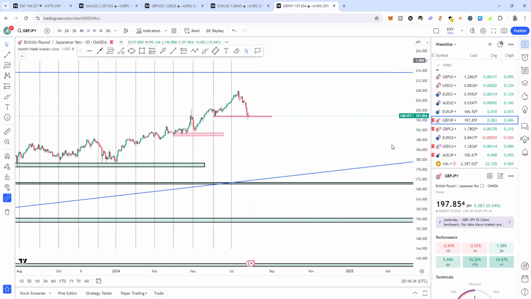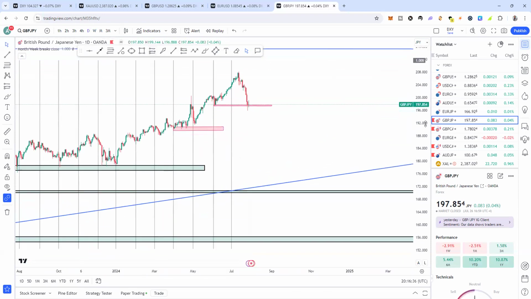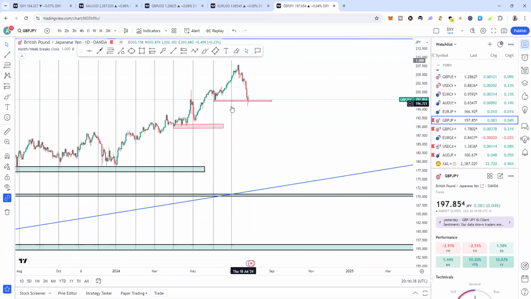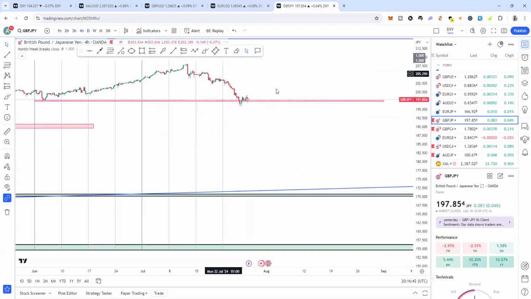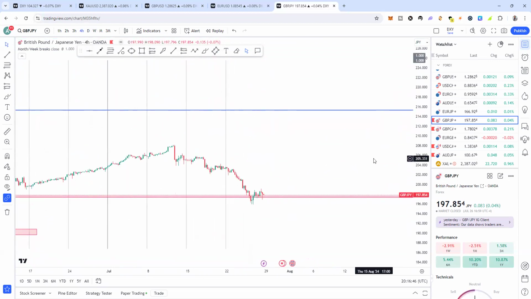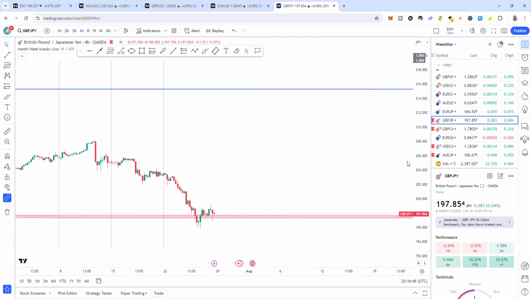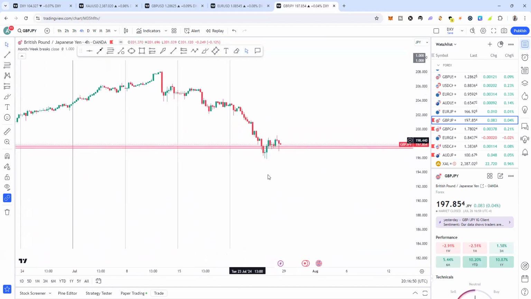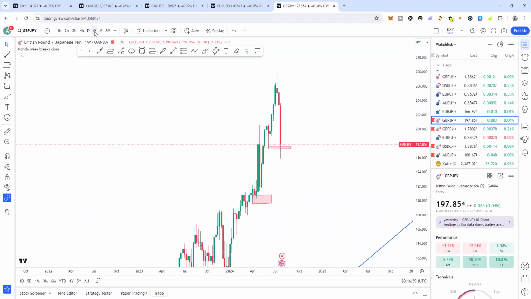If you look at the daily time frame, we are sitting on that region around 196. Going to the 4-hour time frame as well, you can see we are still sitting on that price region. So like I said, if price keeps pushing further down and we take out 195, our next zone will be 190.